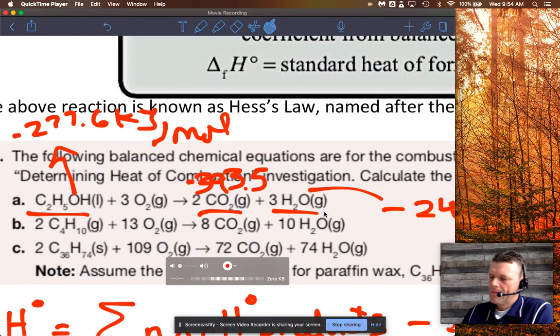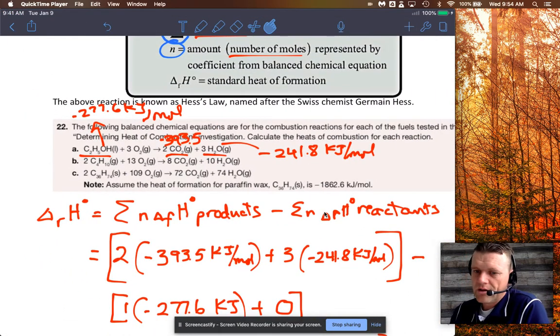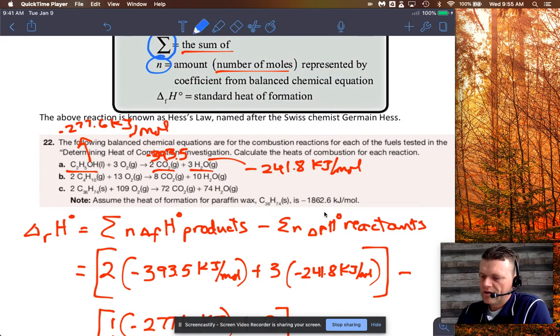So here is our formula, okay? We're looking for the heat of combustion, or basically the amount of energy in the reaction. I wrote it all out: it's the sum of the products minus the sum of the reactants. For the products, there's 2 moles of carbon dioxide and 3 moles of water.